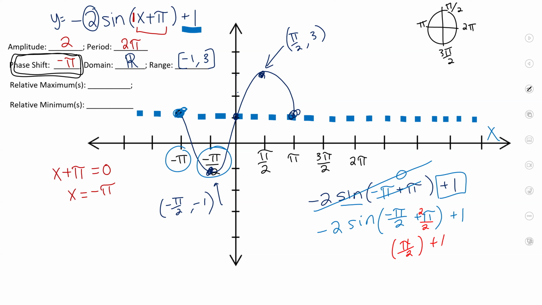And I'll just copy down my function. Okay, sine at pi/2 is just 1. -2 times 1 is -2, plus 1 is -1. And that's why I have a point right there at -1. Make sense, guys? All right.